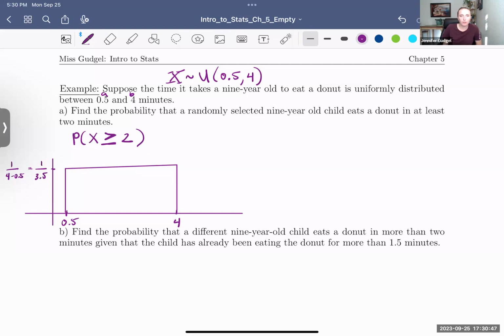We need to fill in the exact information for part A now. X being greater than or equal to 2. So I'm going to put 2 on there, maybe around there. Doesn't need to be perfect. The values being marked are what we really care about, and we want the random variable to be greater than 2. So we're going to shade to the right.